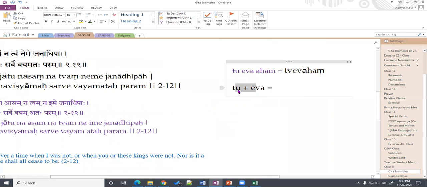Then once this is formed, I will have Aham, and this Akara plus Akara is Dirgha Sandhi, and therefore it becomes Tvevaham. So that is the Yana Sandhi.